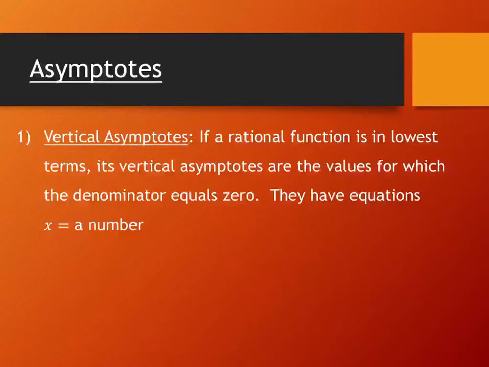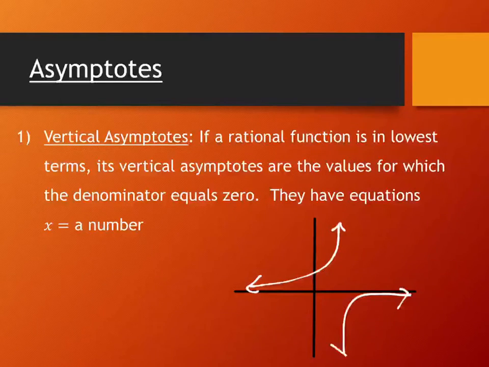In terms of a vertical asymptote on a graph, let me just sketch a graph so that we have a reference point for discussion. A vertical asymptote would be what's happening right here in the middle, roughly here. I'll move it over so it's actually closer to it.